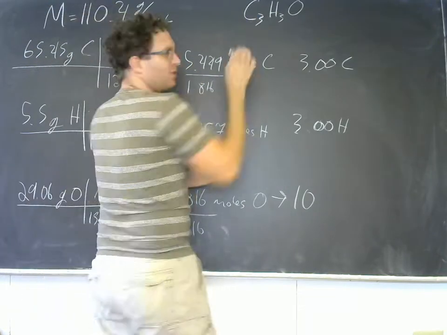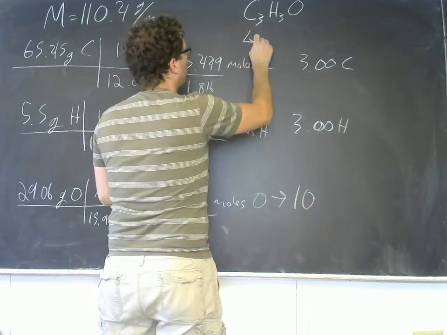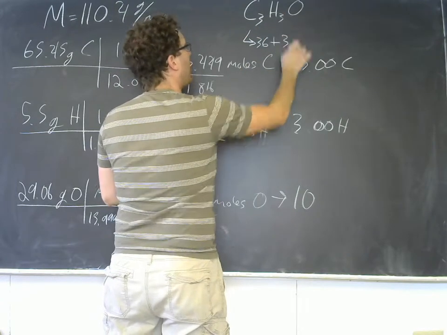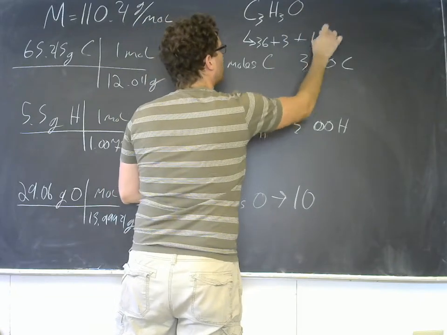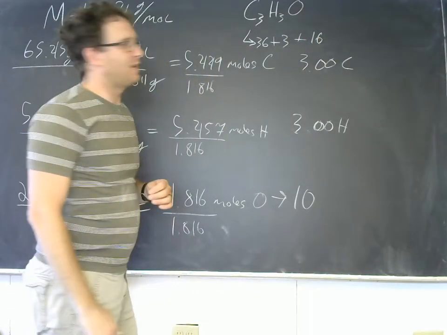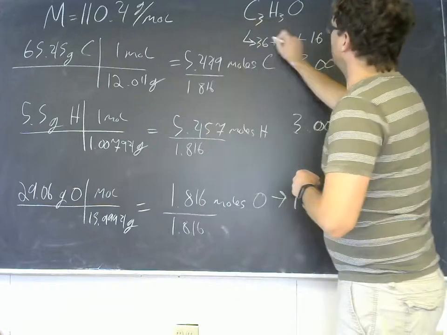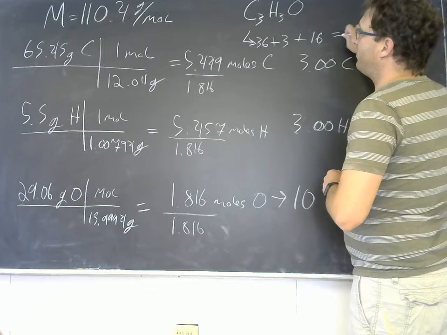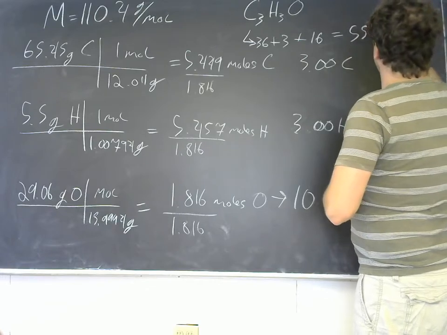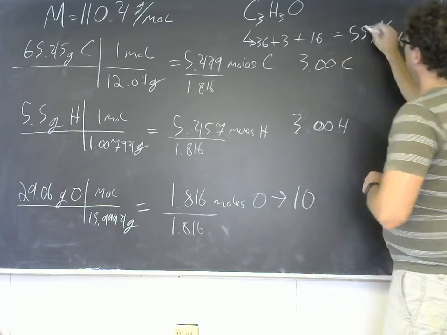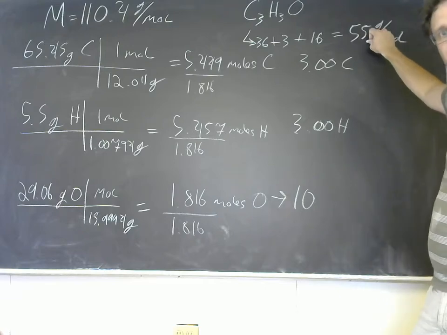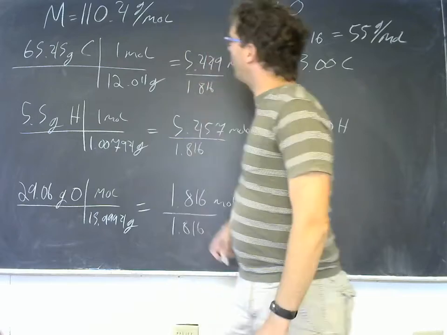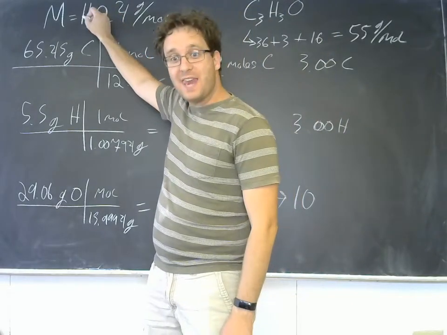And finally, let's figure out what is the mass of that empirical formula. Well, I'll just do this one in my head. 3 times 12 is 36, and 3 from the hydrogen, and 16 from the oxygen. So that's 36 plus 3 is 39, 55 grams per mole. So the mass of the empirical formula is 55 grams per mole. The actual molar mass of our unknown compound is 110 grams per mole.